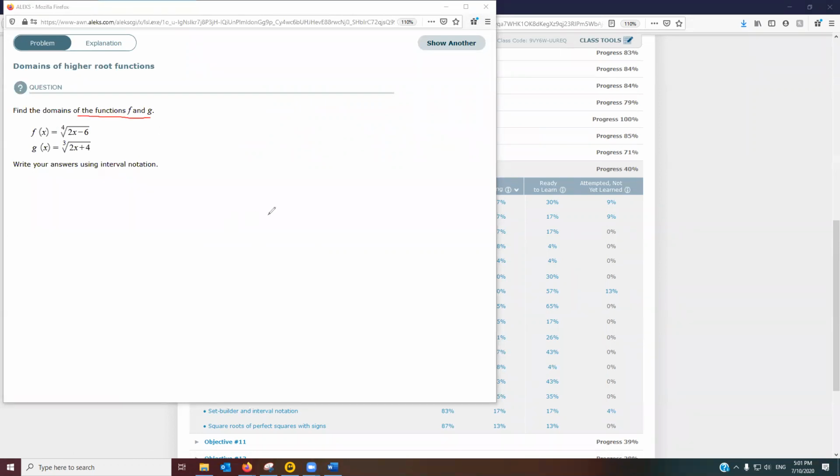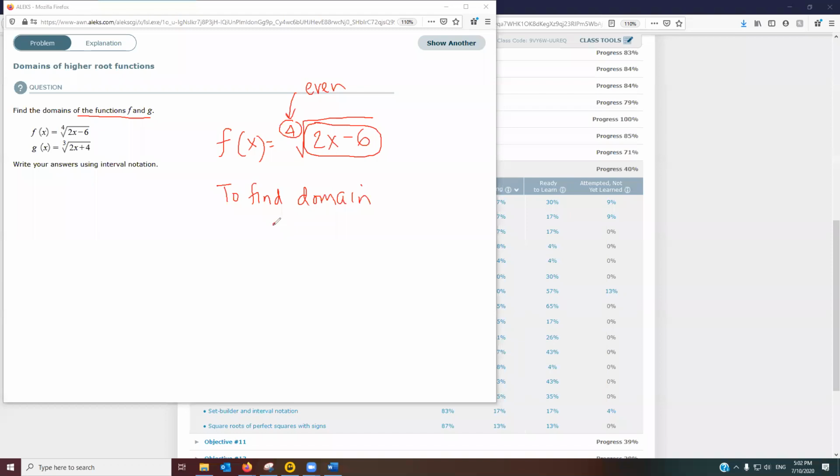All right, now, here's something to keep in mind. If the root is an even root like this, notice this is the 4th root. When this is even out here, to find the domain, take what's underneath the symbol. We call this a radical symbol.